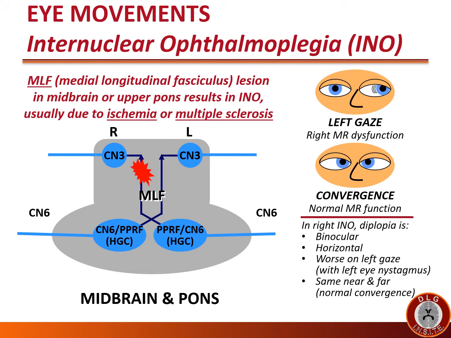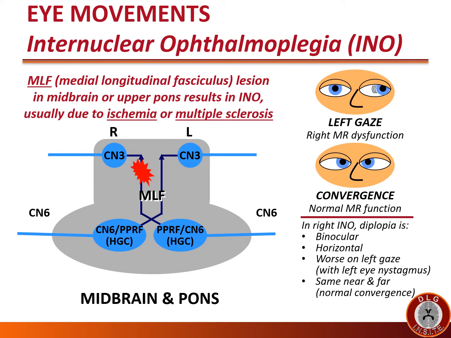Now, the MLF is a long, thin, myelinated axon connecting cranial nerve 6 to cranial nerve 3, the medial rectus component of cranial nerve 3. And it actually is much longer than depicted in this cartoon, but the section between cranial nerve 6 in the pons and cranial nerve 3 in the midbrain is what we care about right now.